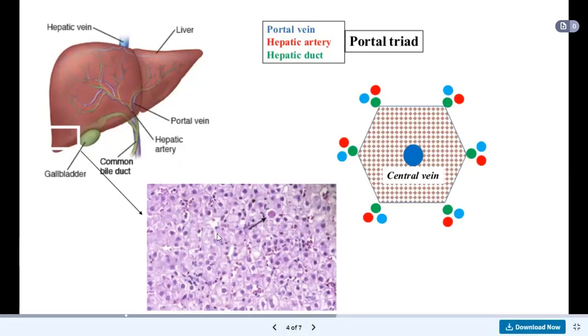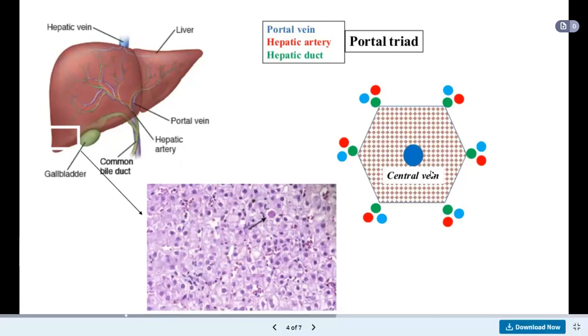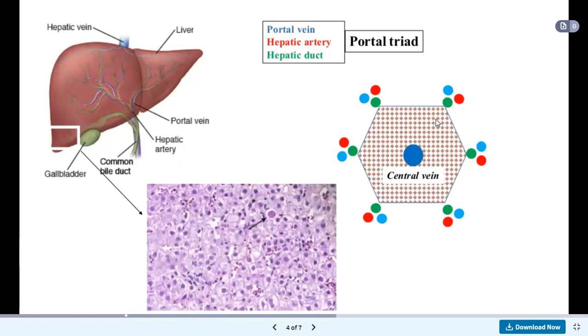I'm going to see that each liver cell is like a hexagon, and we call it a hepatic lobule. So this picture here represents what we call the hepatic lobule. The smallest thing I would find in a liver is called a hepatic lobule.